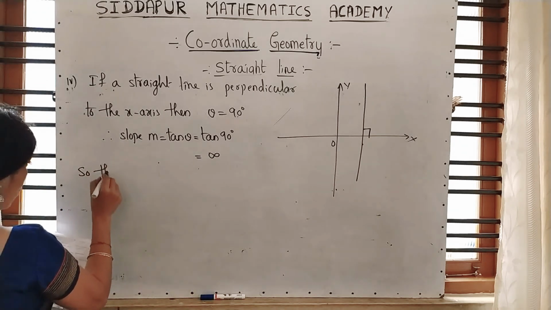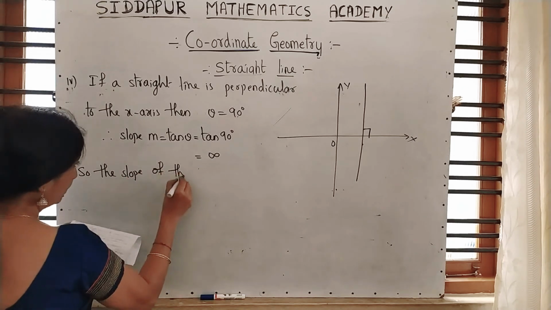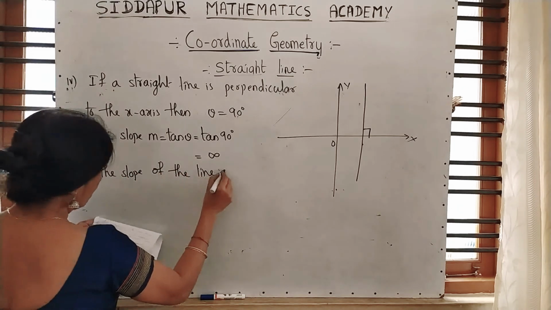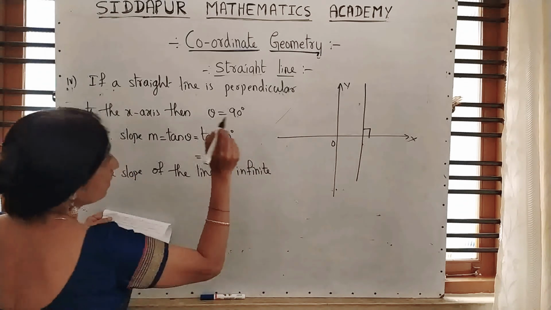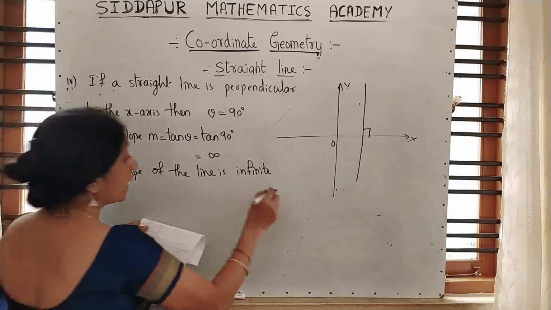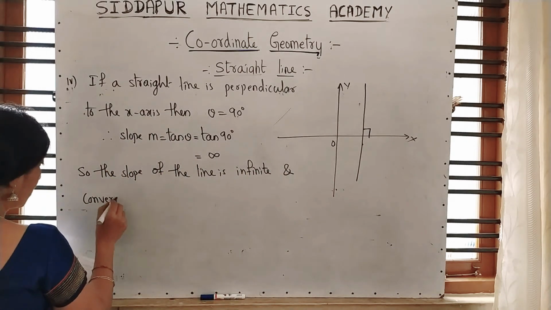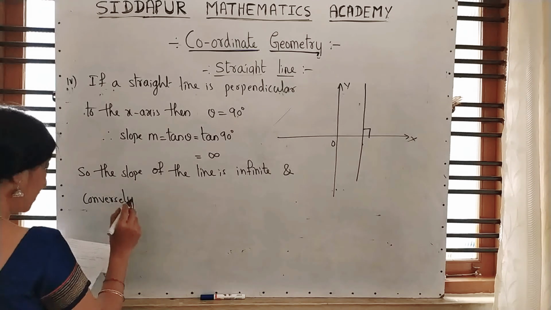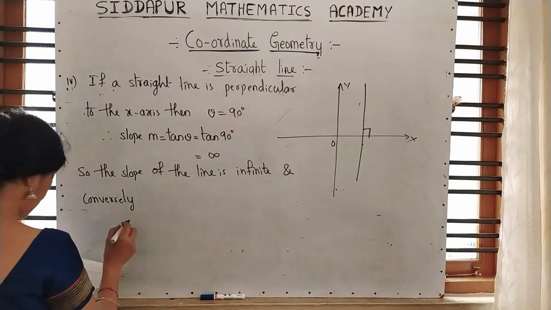So, the slope of the line is infinite if it is perpendicular to x-axis, and conversely, if you are getting the slope as infinity, that implies the line is perpendicular to x-axis.